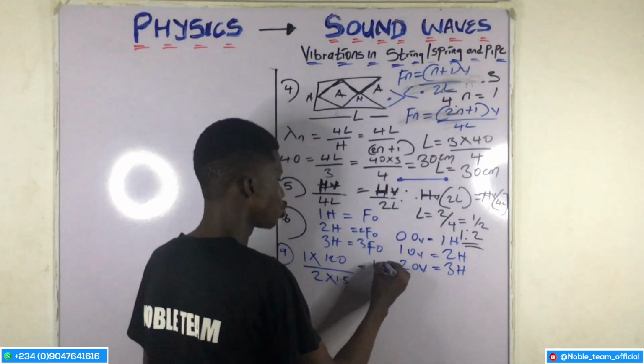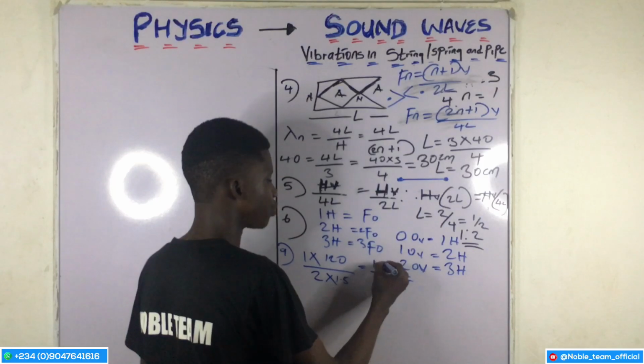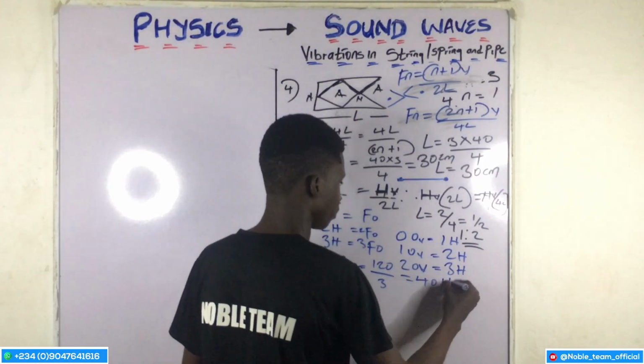So this is 120 divided by 3, and 3 into 120 is 40 Hz.